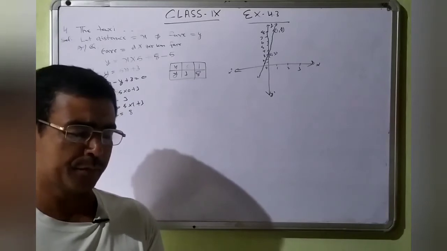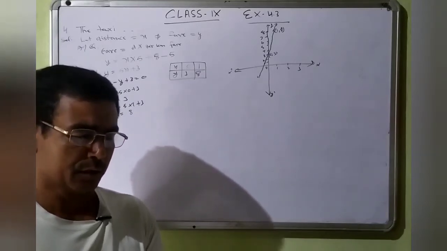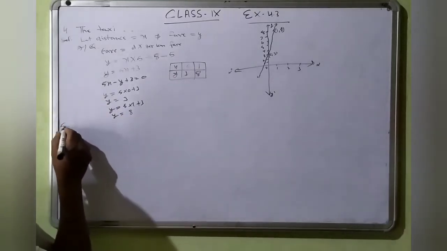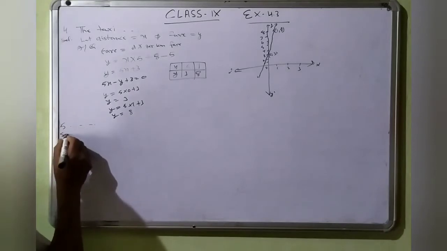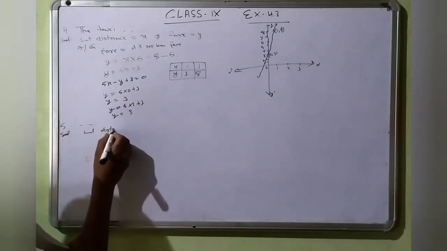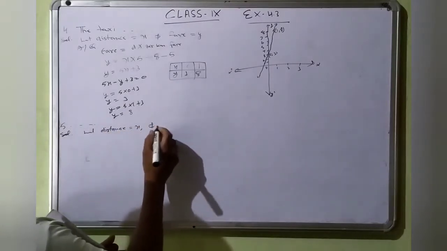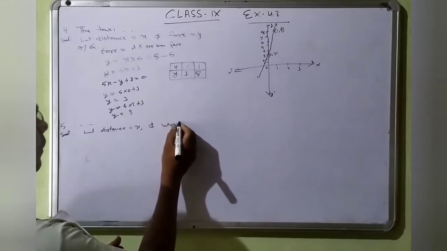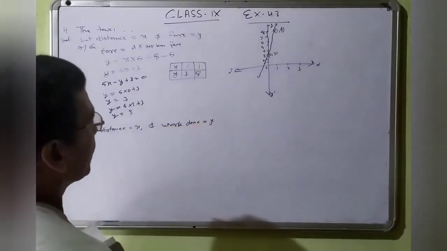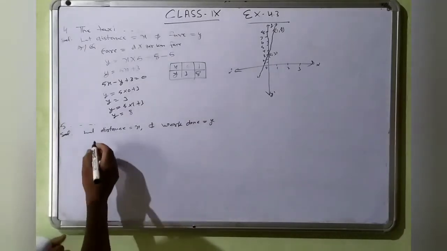Also read the graph, the work done when the distance travelled by the body is... So let distance is equal to x and work done is equal to y.